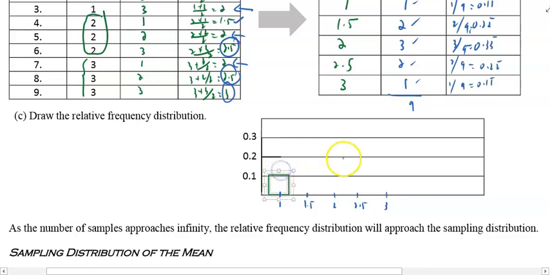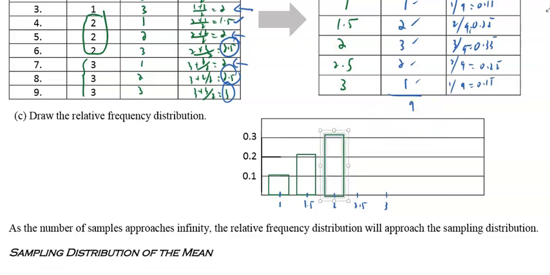There you go. 0.22, double that. I want them to have about the same width. And there it is. 0.33. Of course, you don't need to get those to be perfect on the homework.